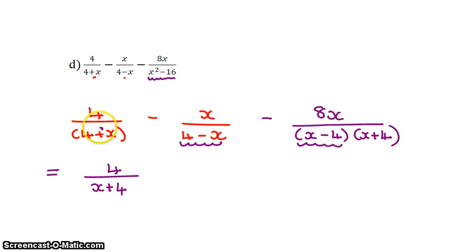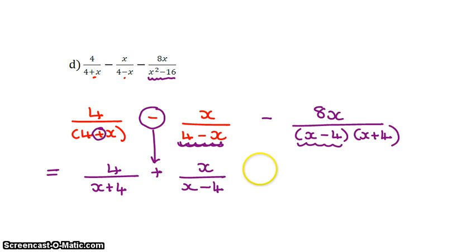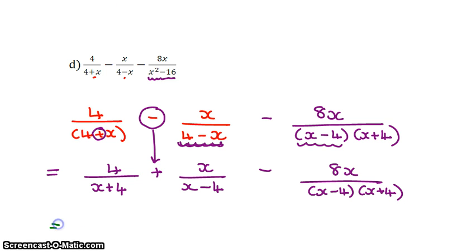Absolutely not, because addition is commutative, so I can swap it around. Subtraction is not, though. So if I want this denominator to be x minus 4, I need to change this sign and make it a plus. So I get plus x over x minus 4 and minus 8x over x minus 4, x plus 4, which means my common denominator is pretty obvious.